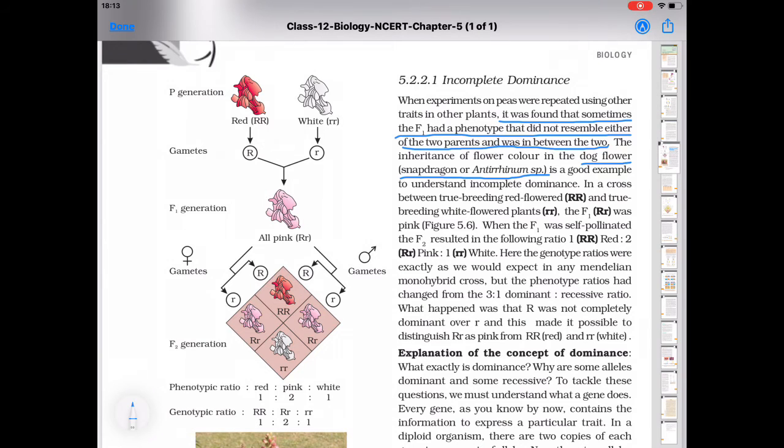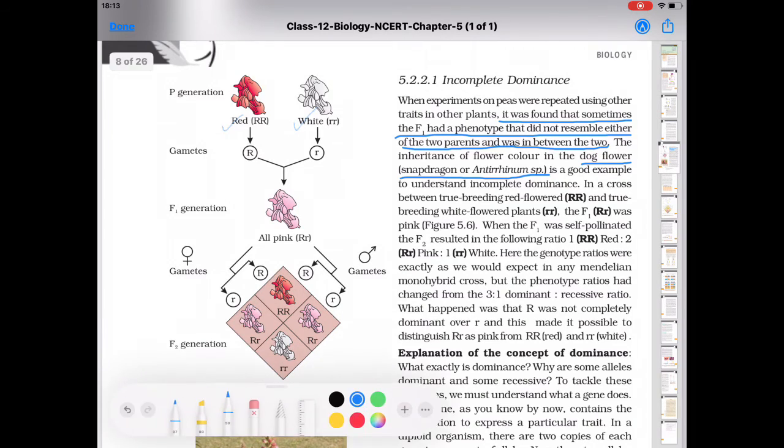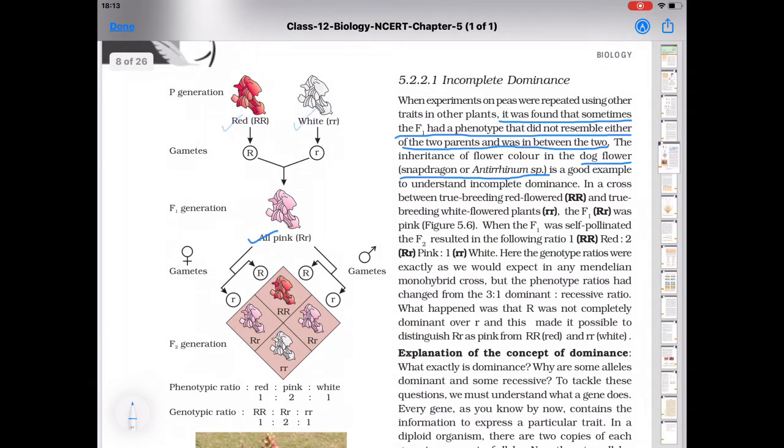Here, the cross is shown where a red-flowered plant is crossed with a white-flowered plant, and in the F1 generation all flowers were pink in color. But actually, according to Mendelian law, all should be red, but here the pink color comes because of incomplete dominance.